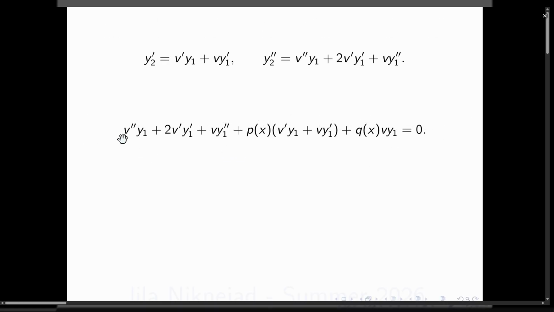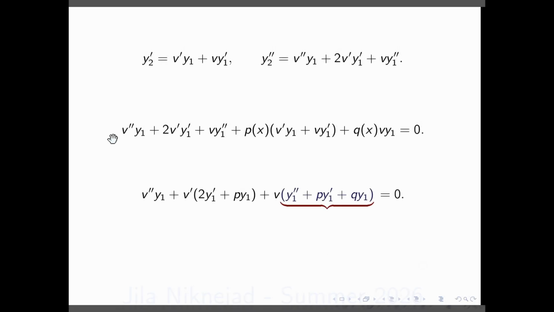Here, this quantity together is y2'', this quantity together is y2', and this part is y2, so it's y2'' + p(x)y2' + q(x)y2 equal to 0.